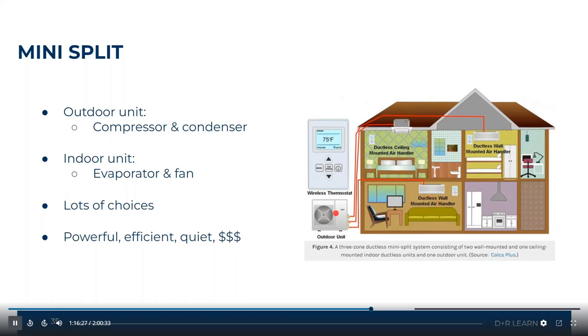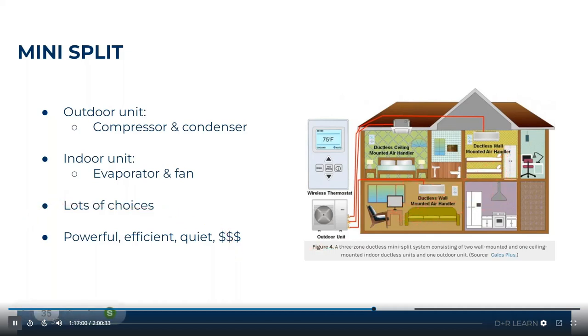Now, if you have a multi-zone mini split system, multi-zones are designed to heat and cool multiple rooms or zones in a home. These systems consist of one outdoor unit and up to 8 indoor units. So in this specific setup that we see here, where we have our ductless mounted air handler and one unit outside, we're able to utilize a mini split in order to cool more spaces within the home.